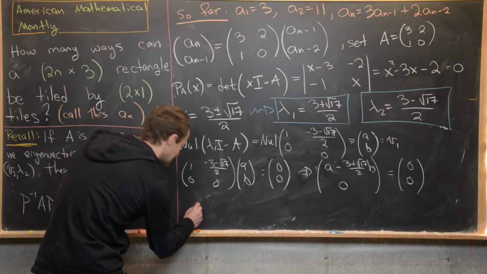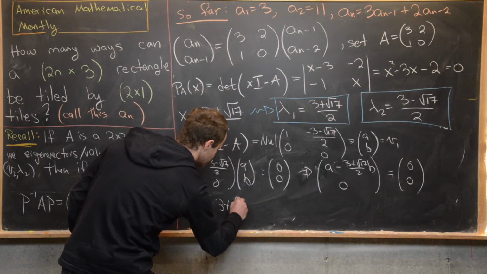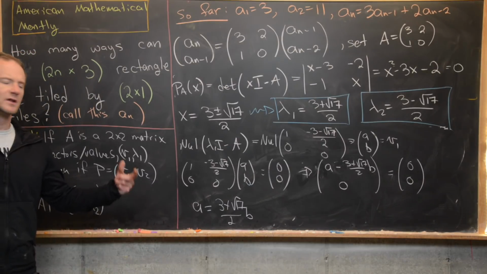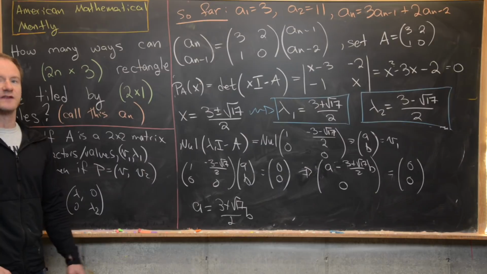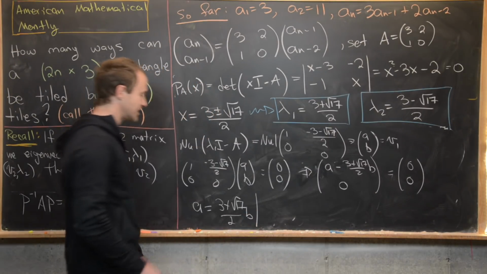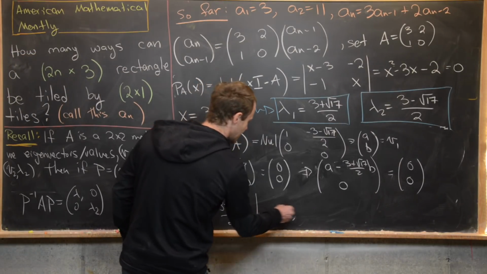But next, that tells us that a has to be equal to (3 plus root 17) over 2 times b, where b is a free variable, but that's okay because any multiple of an eigenvector is also an eigenvector. So since we want maybe the simplest eigenvector, let's go ahead and set b equal to 1.